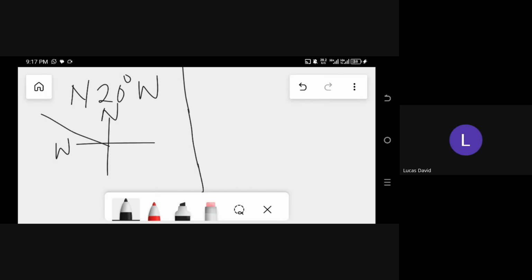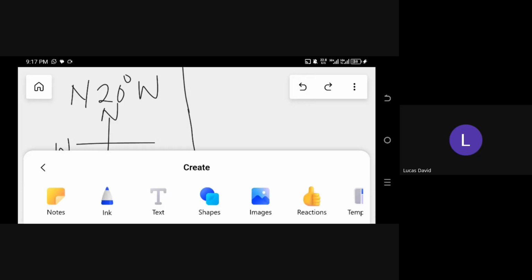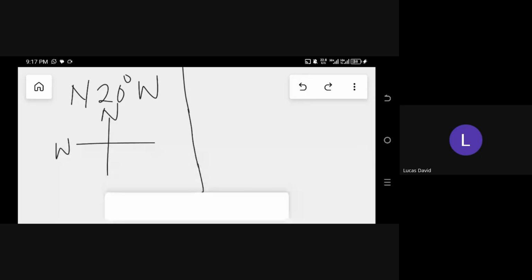Then north 20 degrees west should be something like this. I have 20 degrees here. So this is north 20 degrees west. Remember, that is a compass bearing. The 20 degrees has to touch the north. That's why it's like that.